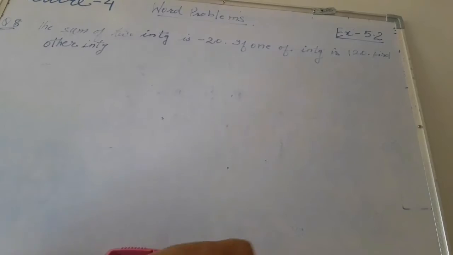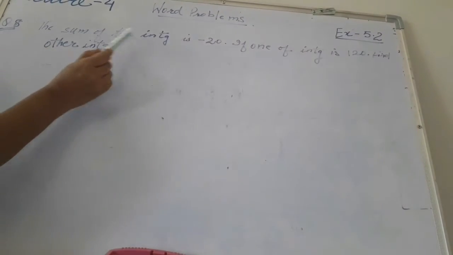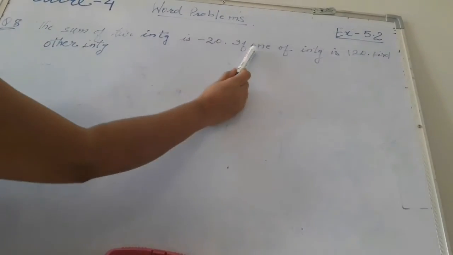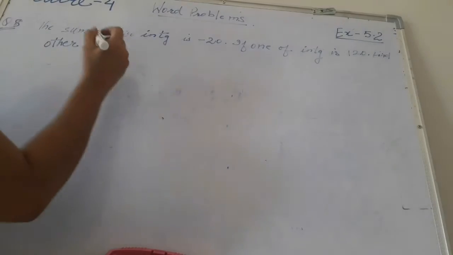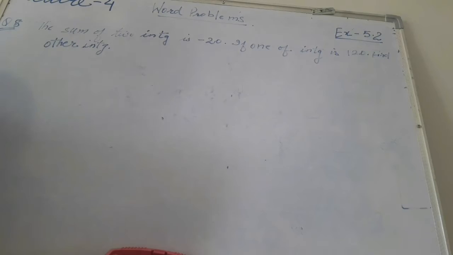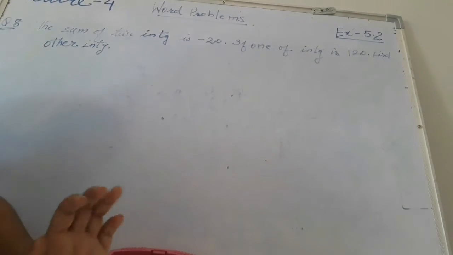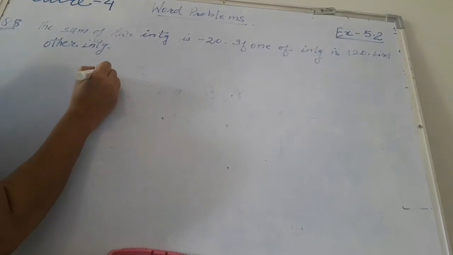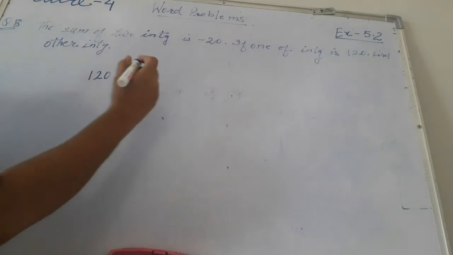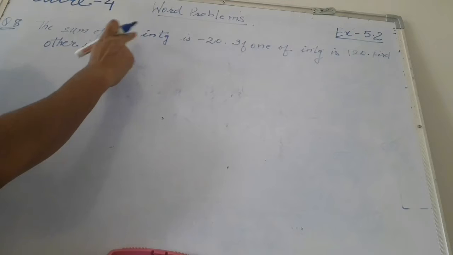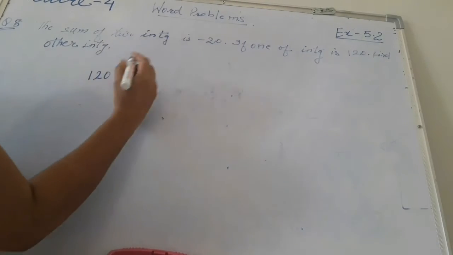Yes student, my next question says the sum of two integers is minus 20. If one of the integers is 120, find the other integer. Okay. What is he asking? He is saying that one of the integers is 120, and the sum of the two integers is minus 20.